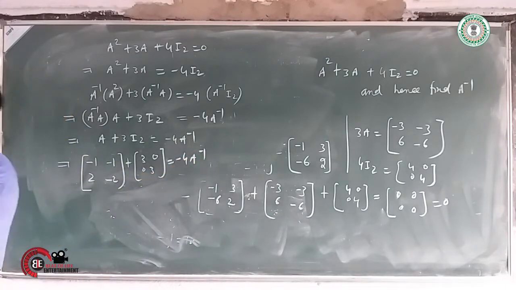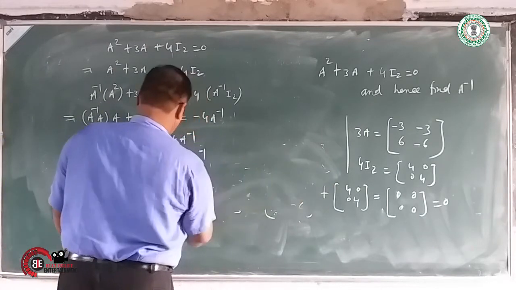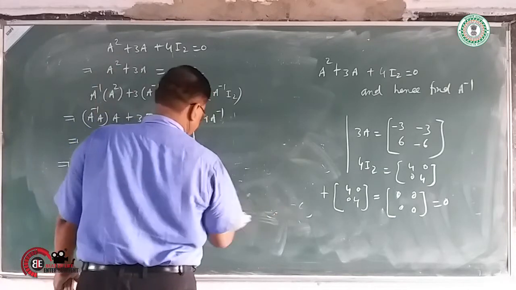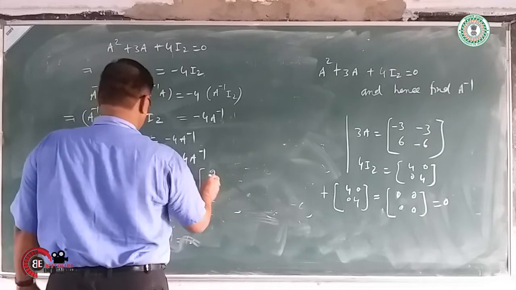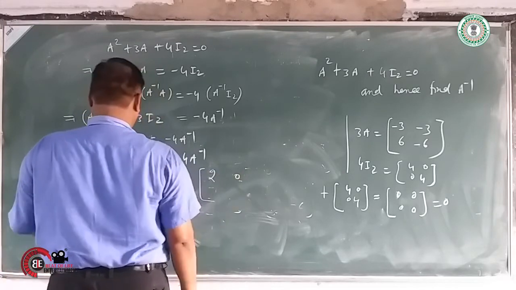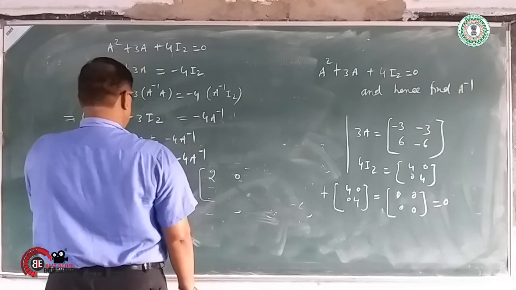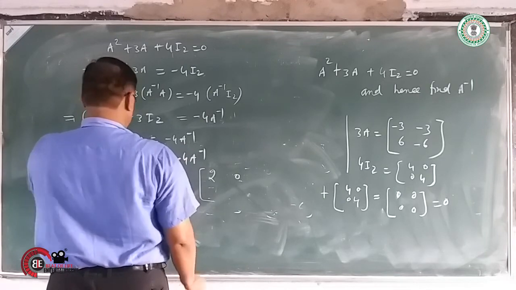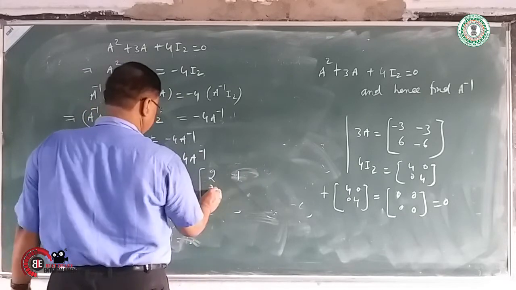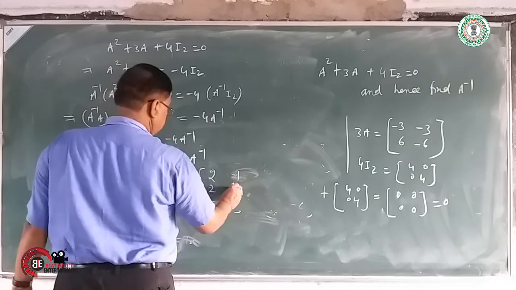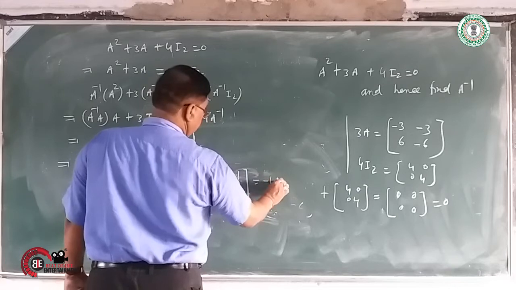So we can write the final result: [-1+3, 1+0; 2+0, -2+3] plus 4A inverse equals 0, that is [2 1; 2 1] plus 4A inverse.